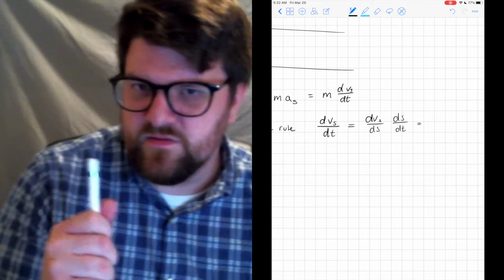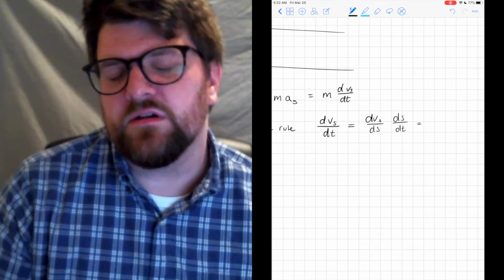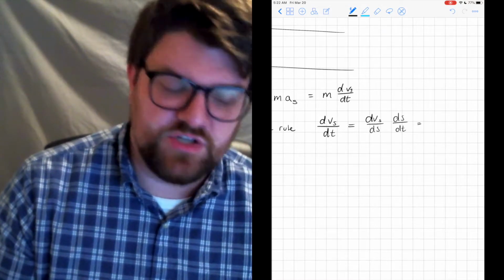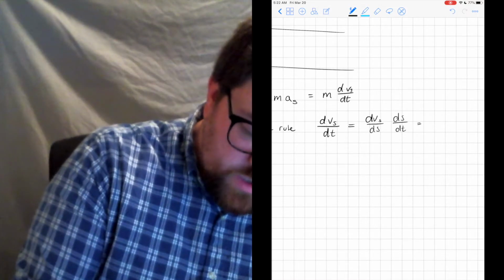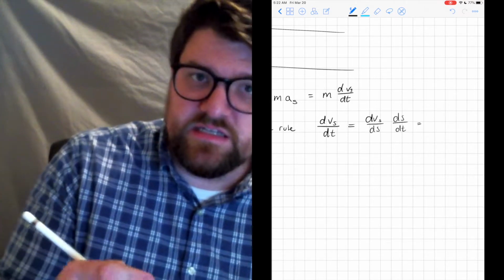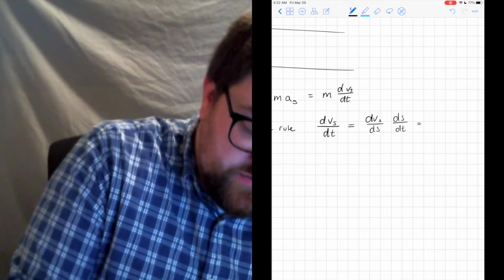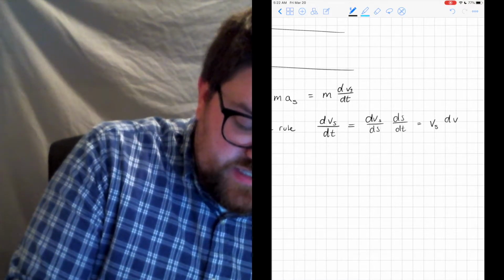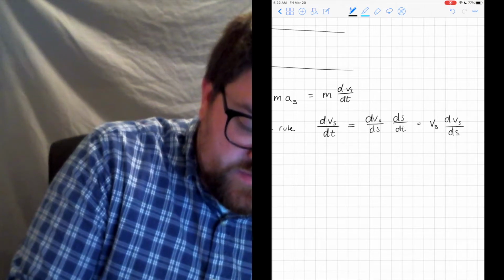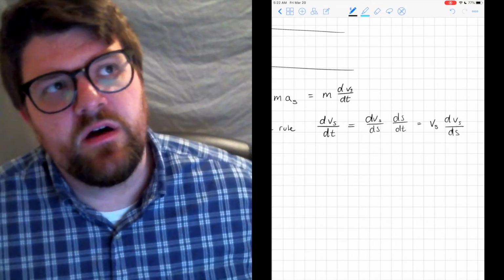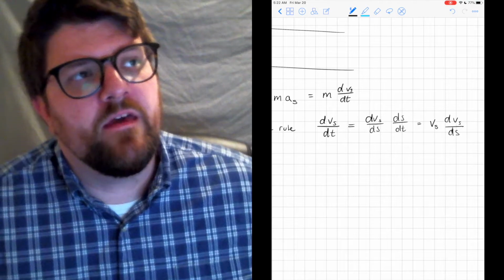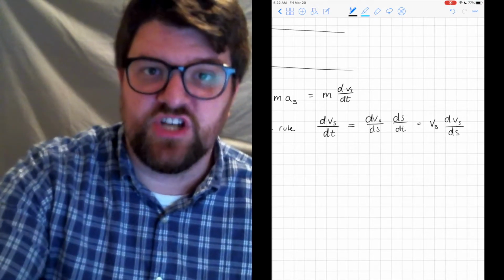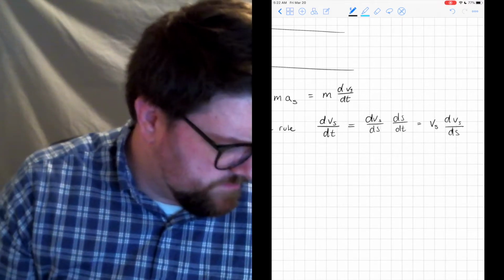But the ds/dt, that's something that we're also familiar with. It's our velocity, our change in position versus time. And so what I've really done is say that dv/dt is equal to v in a certain direction times dv/ds, and dv/ds is how much that velocity changes per length change, per distance traveled.